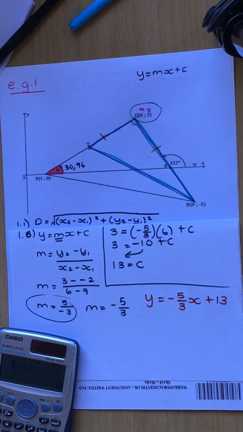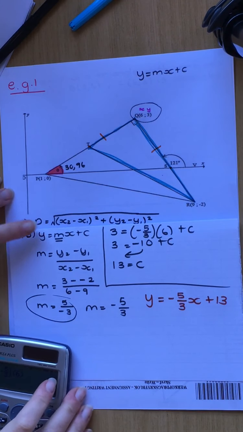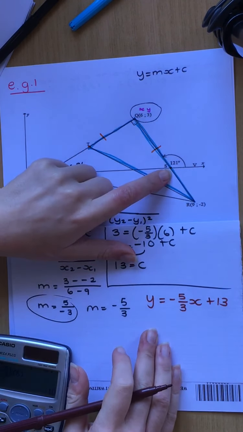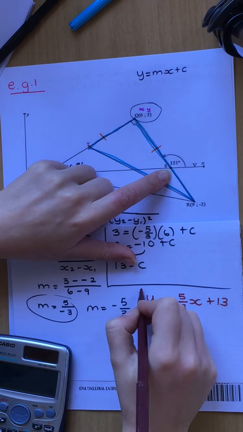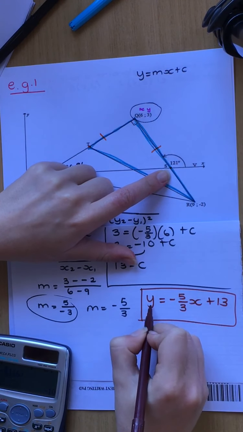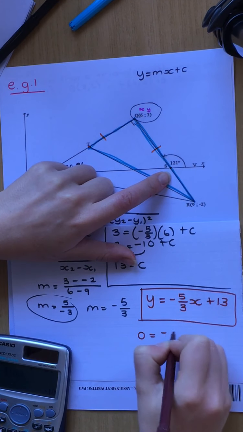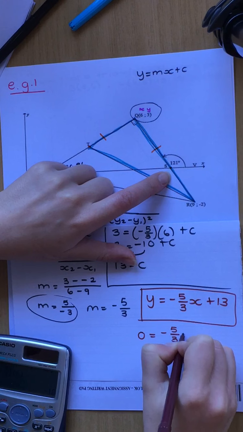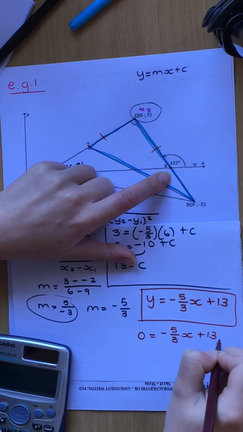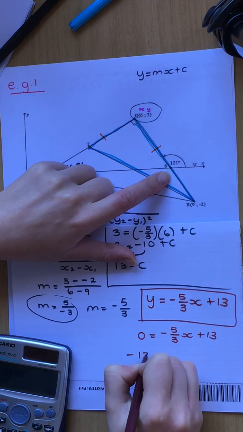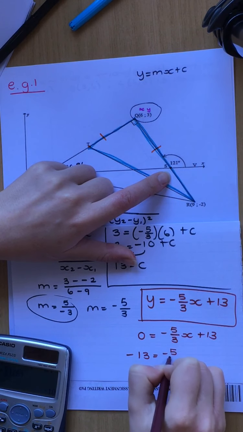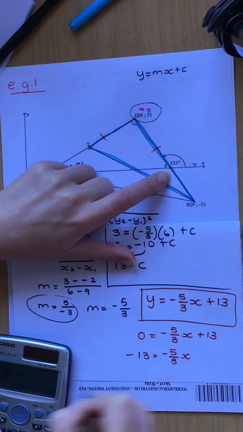So going back to 1.6, they want the coordinates of S, and now you have the formula. So all you have to do is make y equal to 0. So 0 equals negative 5 over 3 x plus 13. Take your 13 over, becomes negative 13 equals negative 5 over 3x, and then you divide.